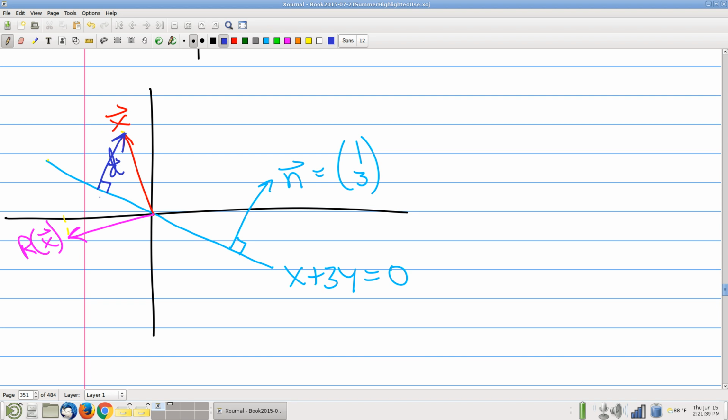Well, d points in the n direction. I know that the magnitude of d is the component of x in the n direction.